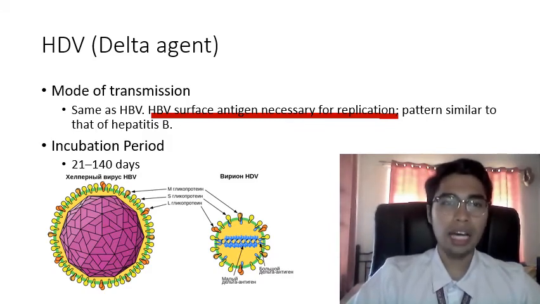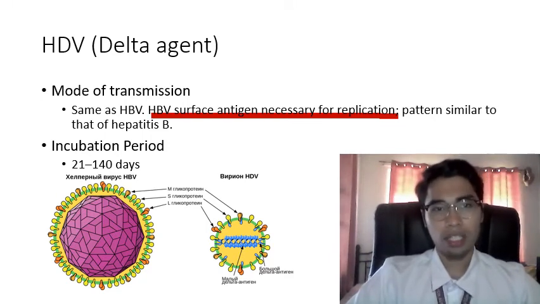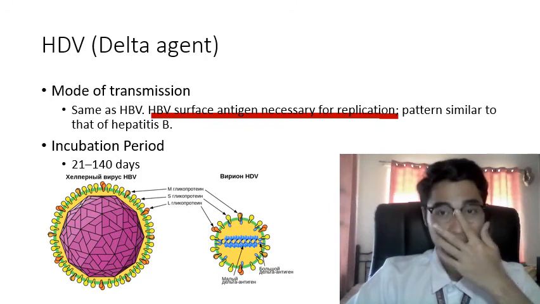It's supposed to be HDV. The HDV virus can only replicate if there is HBV. So if you don't have HBV, through vaccination being immune to it, HDV cannot live or replicate inside the body.